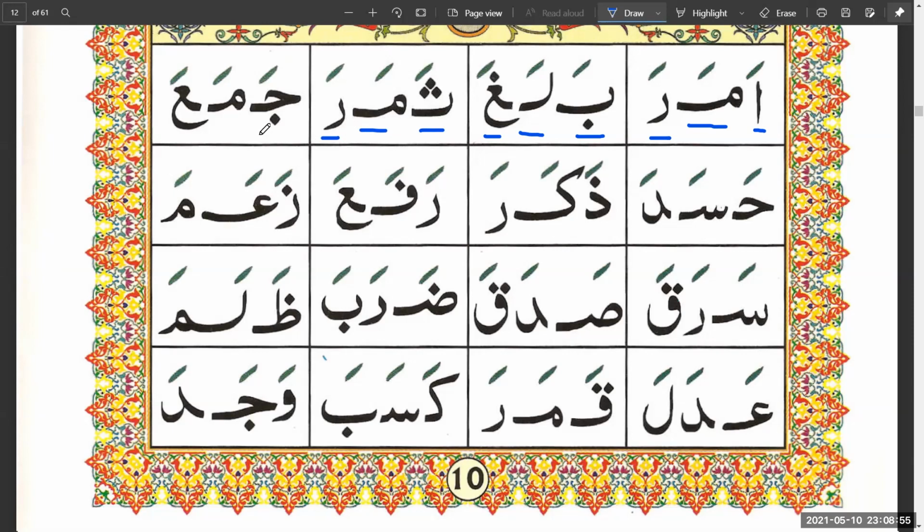Next one. We have jim, fatha, ja, mim, fatha, ma, and ain, fatha, a. Ja ma a. Okay, let's go through the next line of letters. Again, feel free to pause and go back to the beginning of this line if you need some more practice.